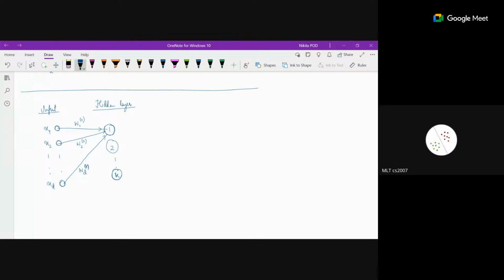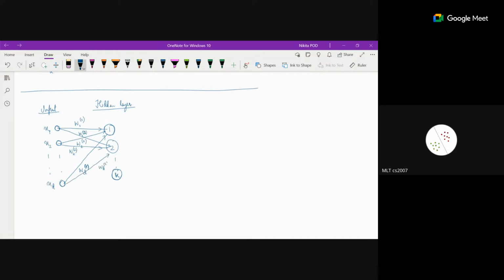Now the same you can do for all the neurons, since what we're saying is that in our hidden layer we have some K neurons. So X1 can also go to the second neuron, and the weight associated with this data point for the second neuron, let's take as W1 with superscript 2. For X2, this is W2 of 2, and for XD you have WD of 2.